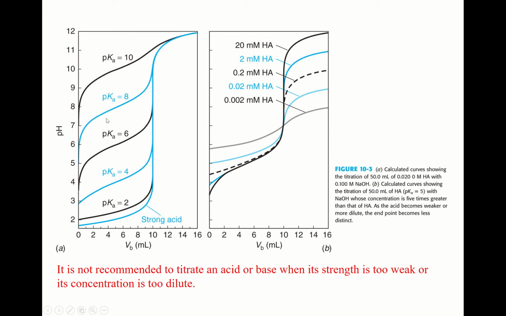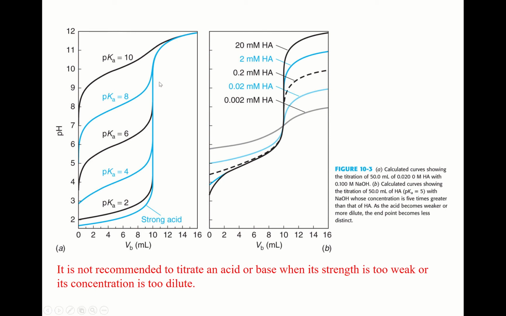But for pKa of 8, you see, the step size is very small, and for a very weak acid, whose pKa is 10, we don't know where the equivalence point is around here. It is not easy to identify the equivalence point.